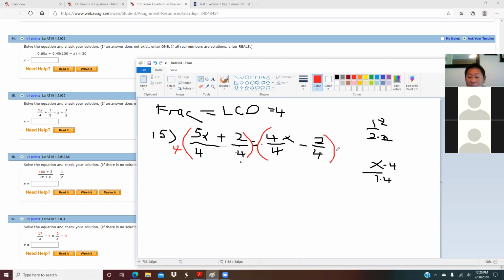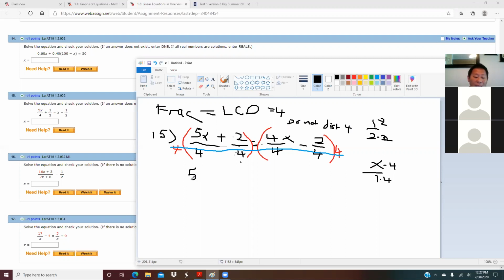If you multiply both sides by the LCD 4, all your denominators will cancel. And please do not distribute the 4 inside. Do not distribute the 4, because it's been canceled with your denominator.